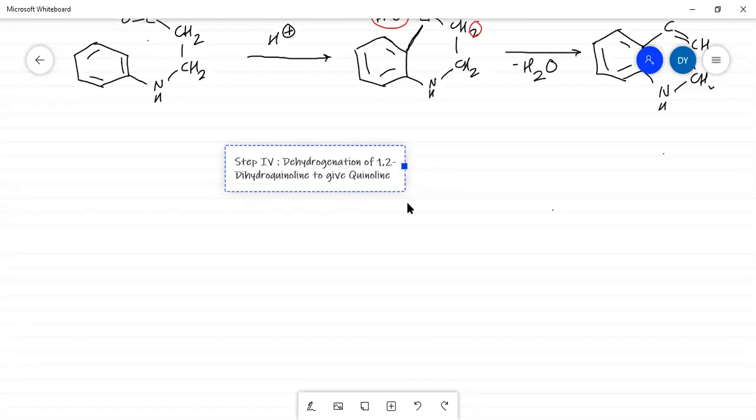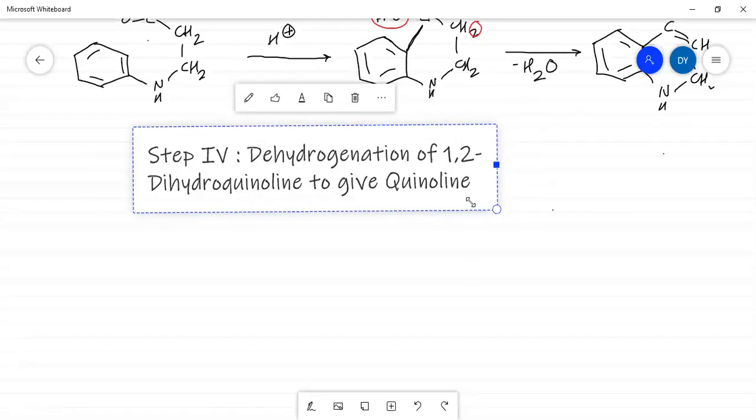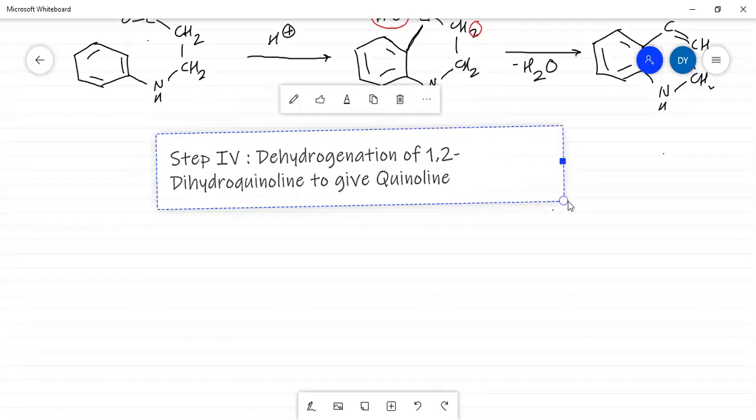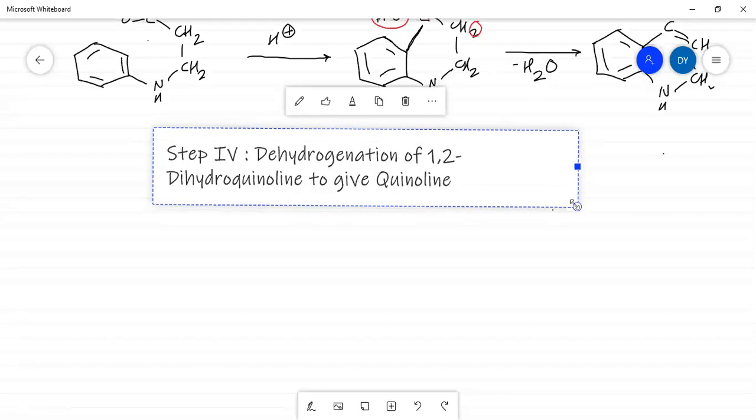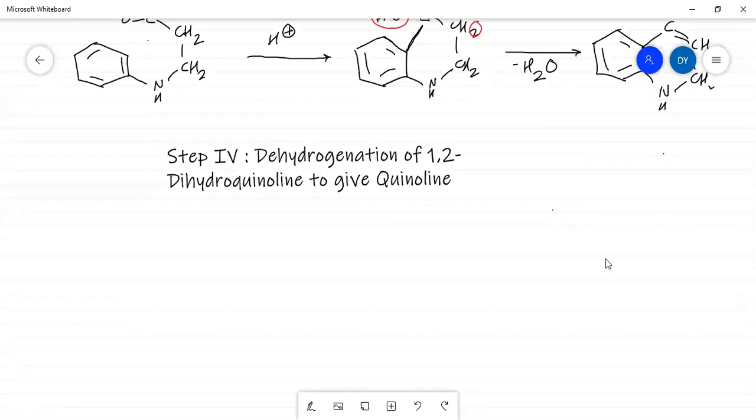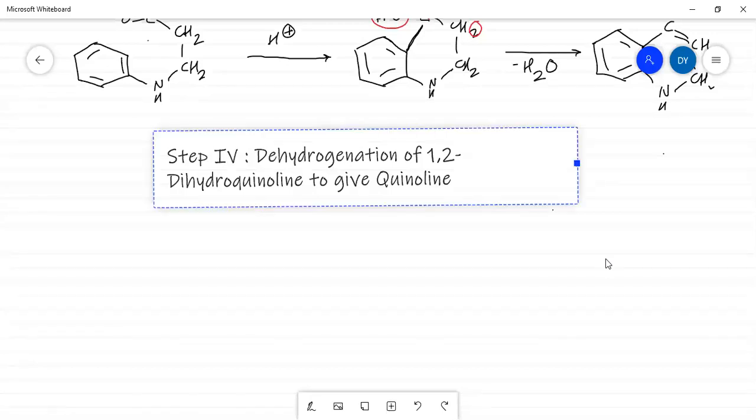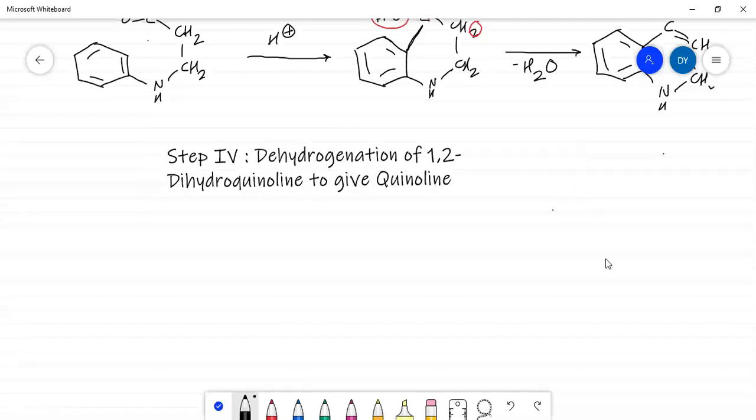Okay, so step number 4 is about dehydrogenation. So step number 4 I write here. This is the 1,2-dihydroquinoline which is formed in step number 3.